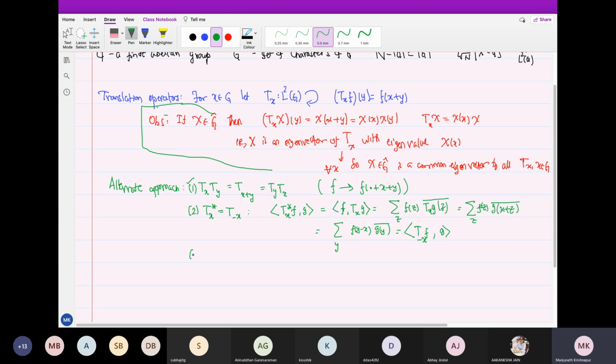So of course, as a consequence of these two, you see that Tx star Tx is T minus x Tx, which is T0, which is the identity operator. So Tx are unitary.